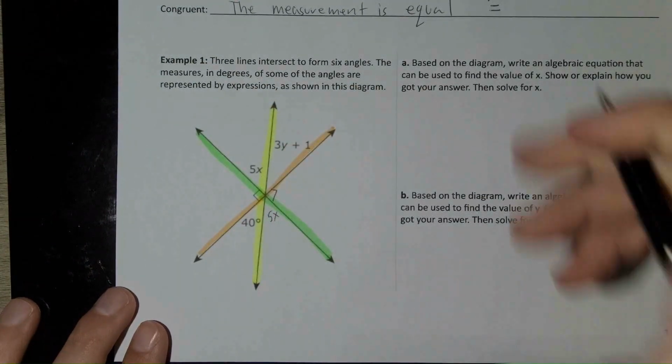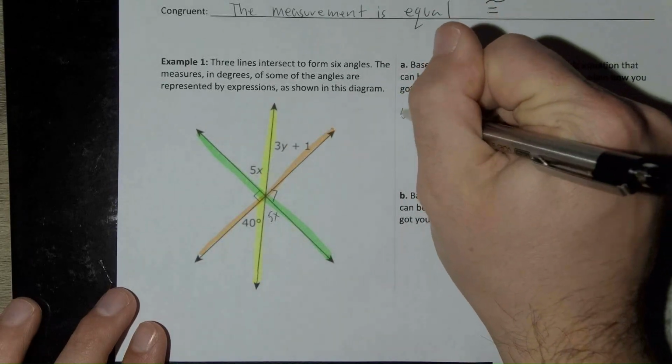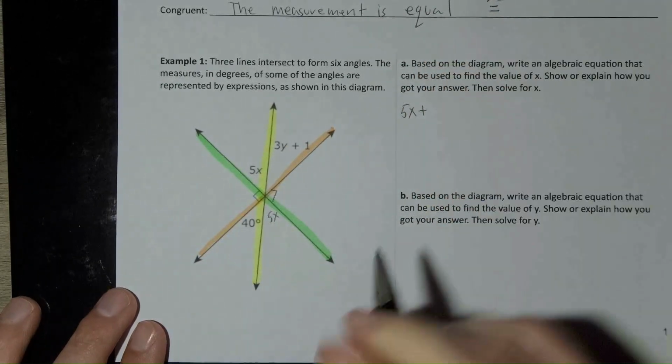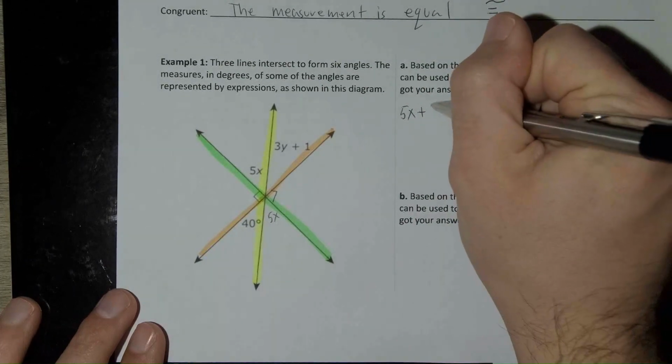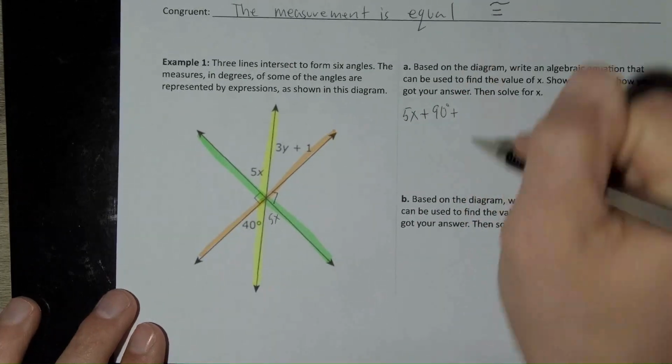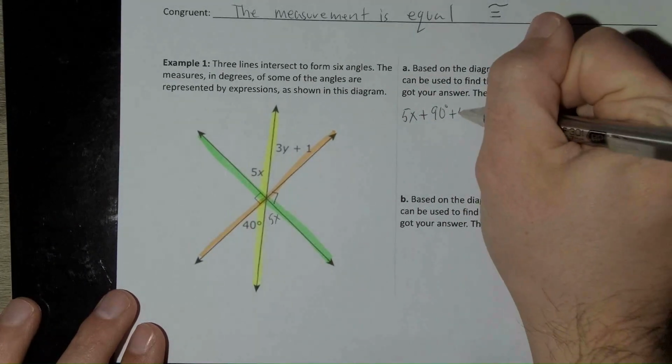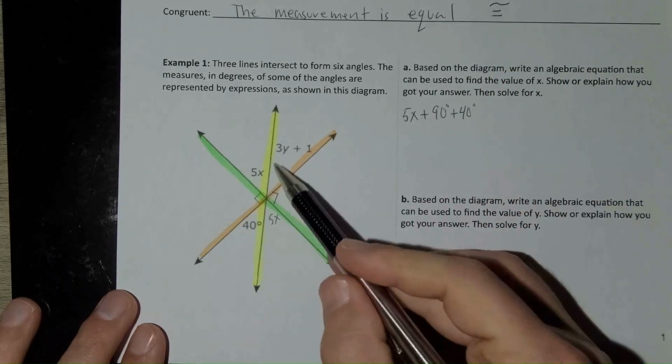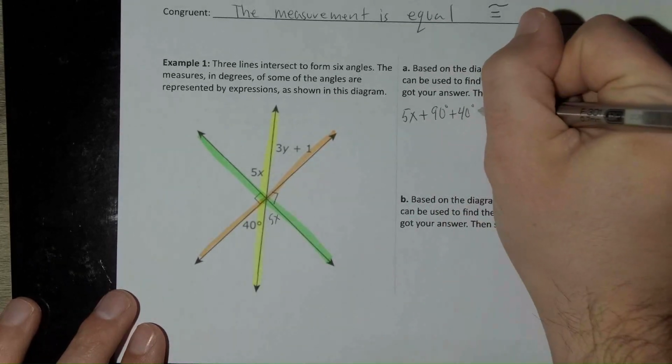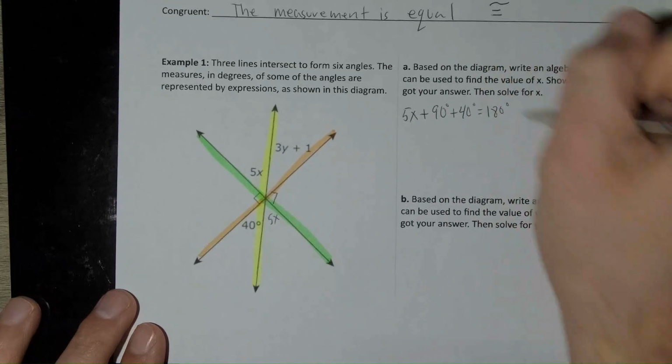So I could just do 5x plus 90 degrees plus 40 degrees. Again, these three angles are on our straight yellow line, which is equal to 180 degrees.